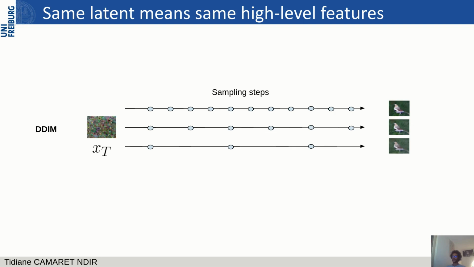So here you have the same noise xt, and you have this generative process where you change the number of steps, and it actually leads to the same high-level features. Here is the bird, but you can see that the details are not the same in every picture. So they suppose that when using DDIMs, the original noise acts as a latent representation of the high-level features of the image, and the sampling trajectory has more of an impact on the details of the image.